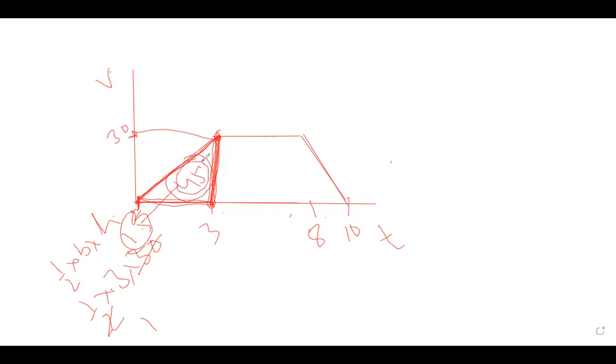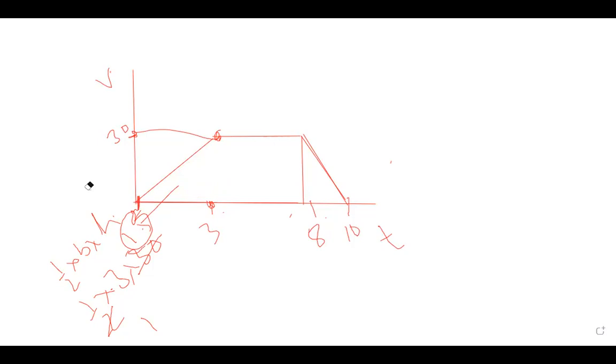If they ask to calculate the distance covered in the first 8 seconds, then draw the line here at 8 seconds. Now if you look carefully, if I remove this line, sorry, this line, then look carefully, we become a trapezium. Yeah, trapezium.